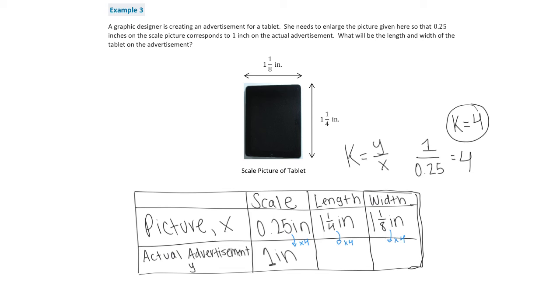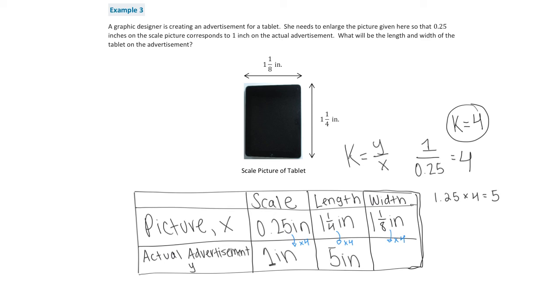If we want to, we could turn that into an improper fraction, or we could take our calculator and say 1.25 times 4. Go ahead and calculate that in your calculator. Great. You should have gotten 5. So the actual advertisement for length is 5.